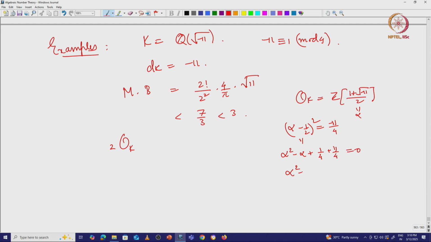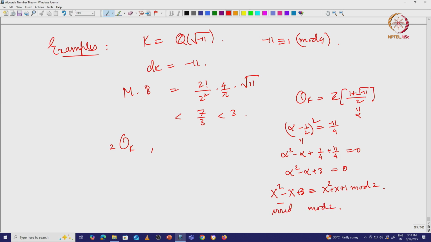So, alpha square minus alpha plus 3 is equal to 0, right. And now, what I can do is consider x square minus x plus 3, which is congruent to x square plus x plus 1 mod 2, and you see that this is irreducible mod 2.